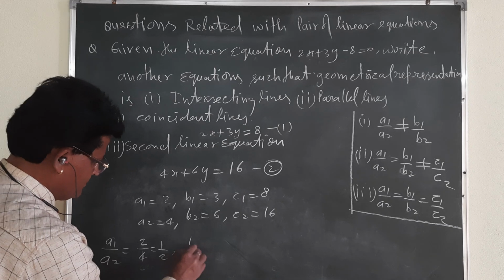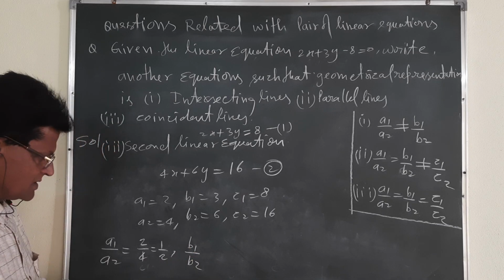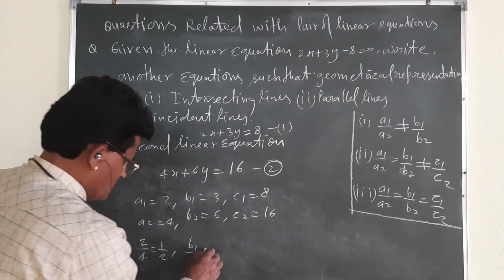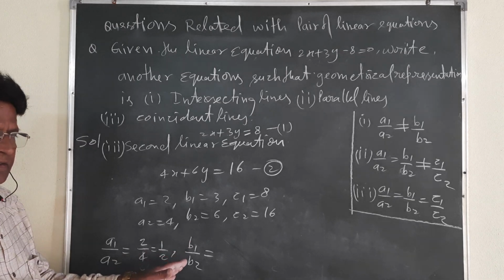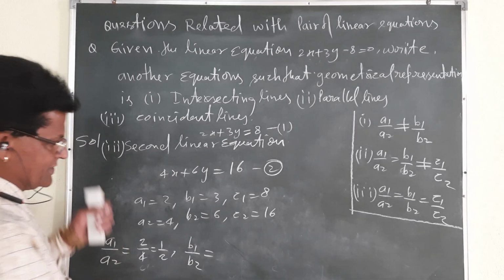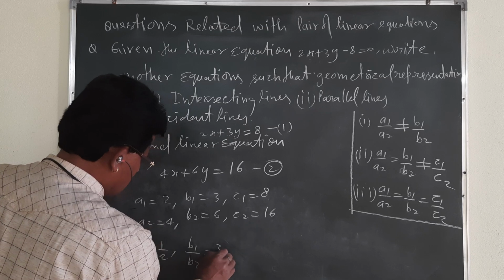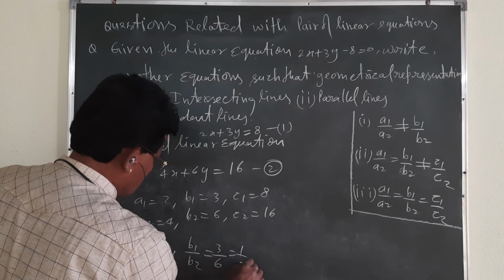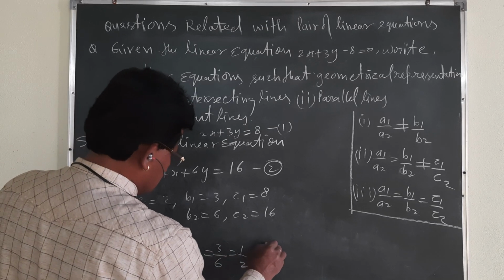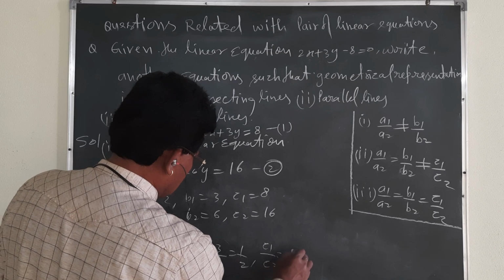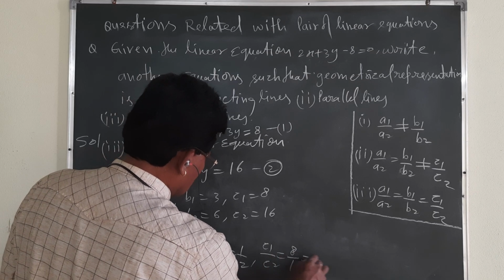Then B1 upon B2, comma, otherwise this line will be meaningless. Look carefully at the calculation. B1 upon B2, 3 by 6 is equal to 1 by 2. C1 by C2, 8 by 16, that is also 1 by 2.